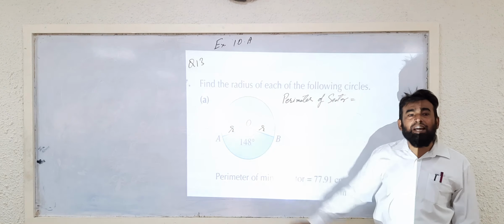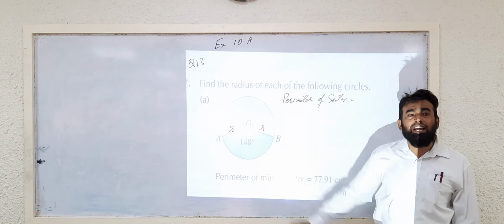This blue length of arc and blue radii. R plus R means 2R, okay? Only these blue lines are making the perimeter of the sector. 2 times R plus arc AB. Okay?